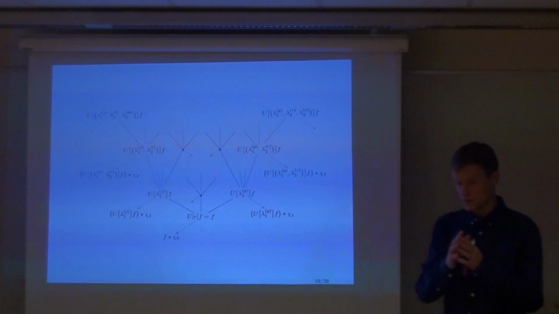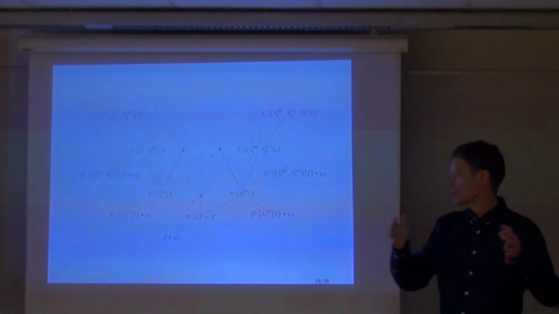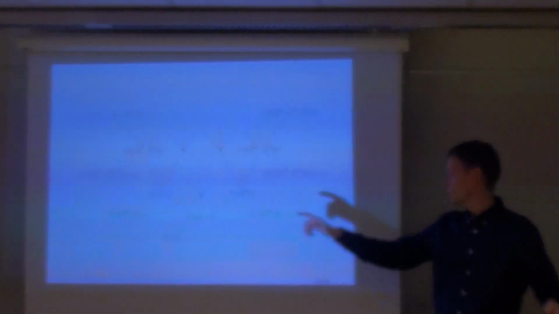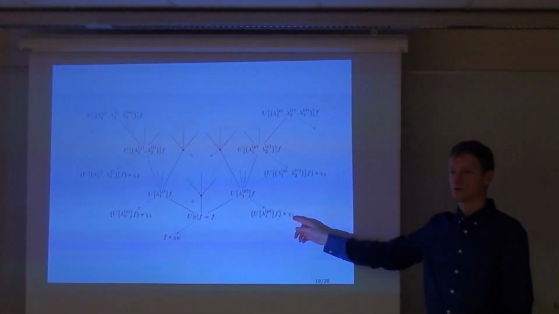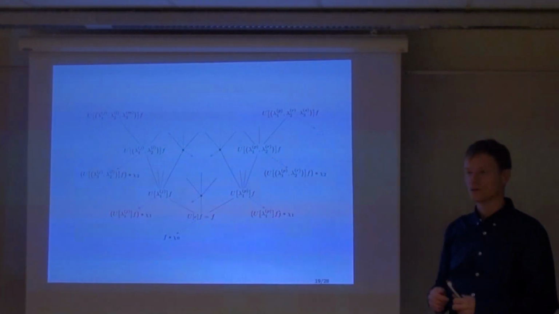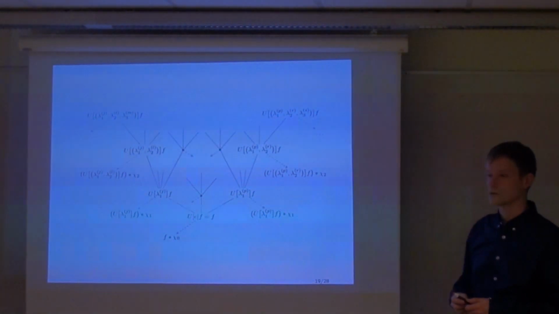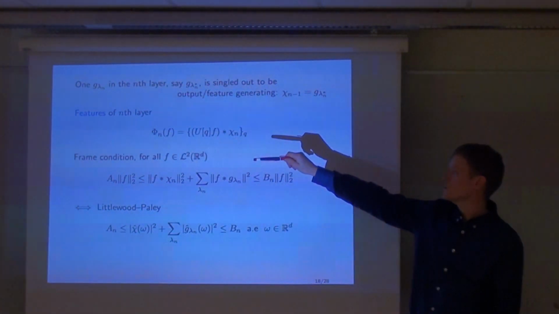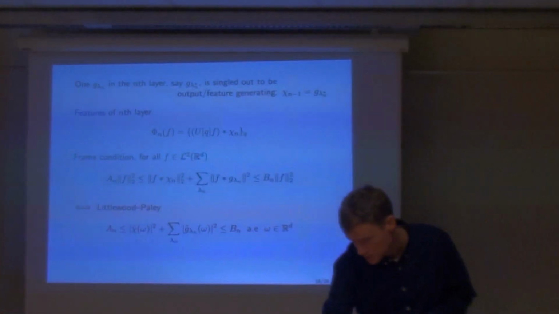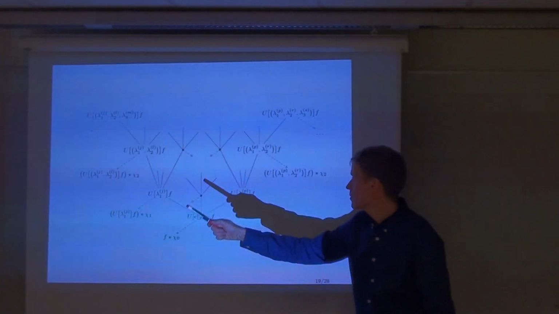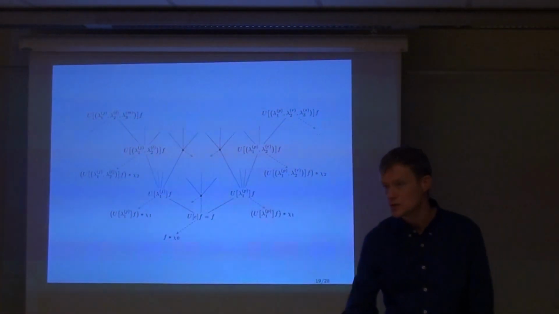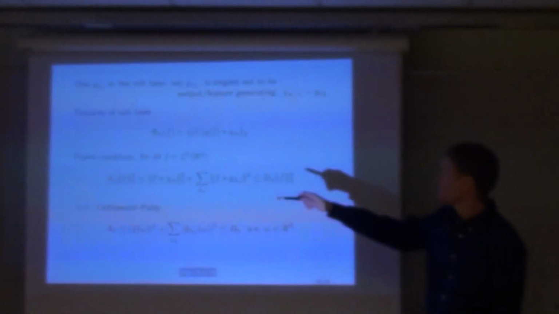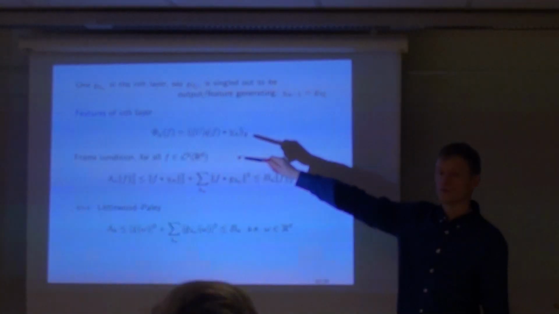So you apply all the operators for the nth layer, and then you do one more, namely you do the filtering with the she to generate the feature corresponding to that layer. I didn't define that, but we have that. So the features of the nth layer corresponding to different paths through the network will give you different features in the nth layer. So it's a collection over different paths.